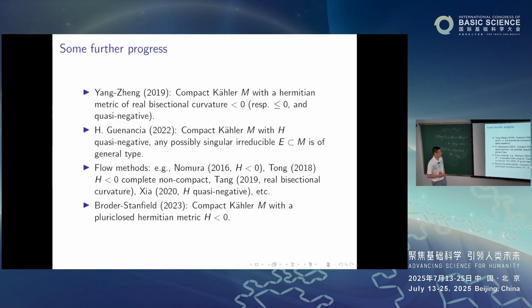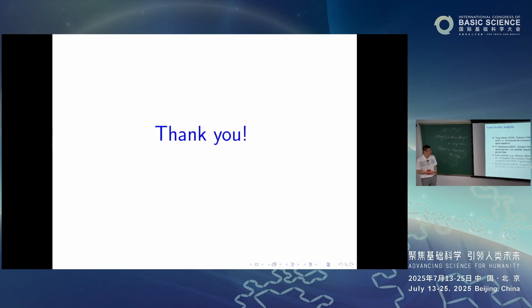They are inspired by Yang and Zheng's real bisectional curvature. So you can see there will be much future work. Stay tuned for future development. That's all for my talk. Thank you very much.